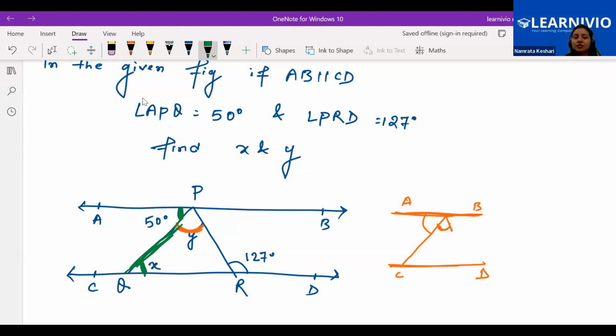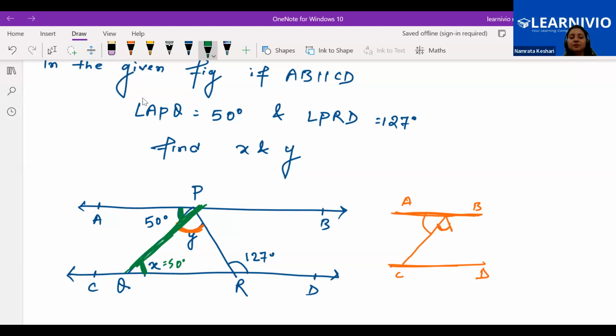This is a transversal line. Can you see it, everyone? Yes, ma'am. Okay, so if that is 50, X will be 50 degrees because AB is parallel to CD, and angle APQ is the same as angle X. Both are a pair of alternate interior angles. X we got. Now think about Y.